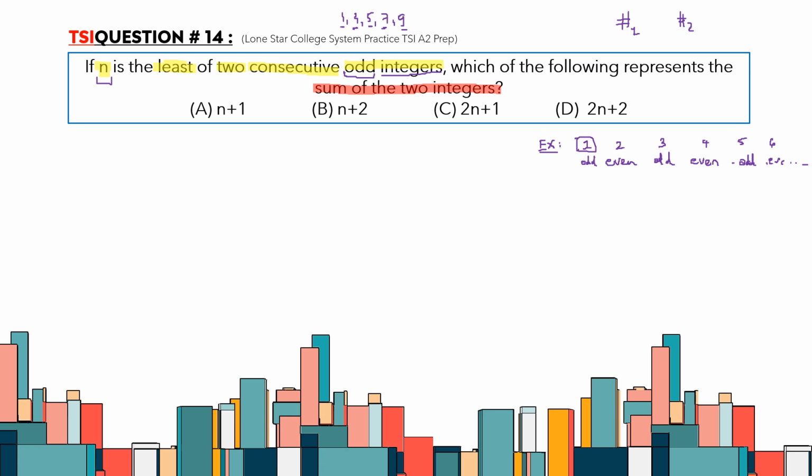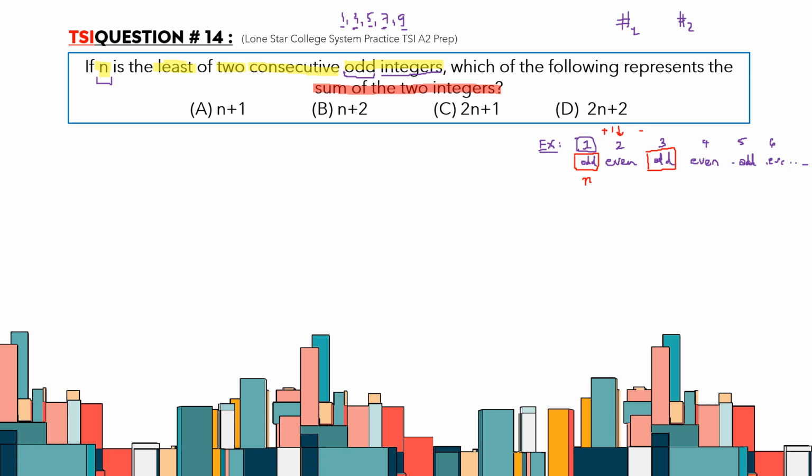If n is the first number, and it is odd, so n will be here. So the next number will be here. How many units apart will it be? 1 unit. If you add 1 unit, you get here.